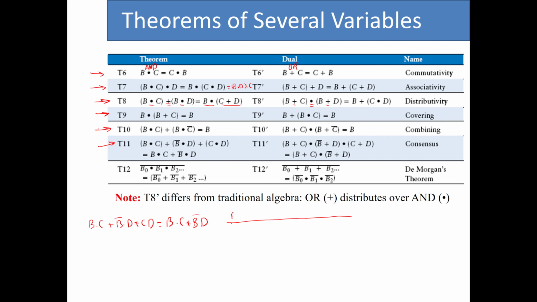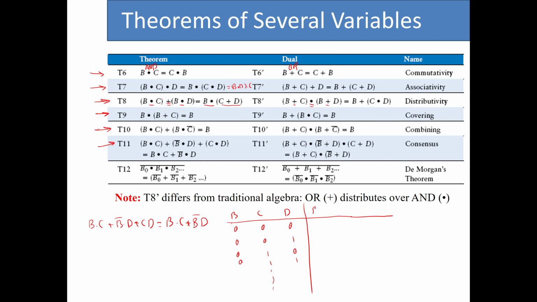We have B, C, D. Since we have three variables, they have 8 possible combinations. 0 0 0, 0 0 1, 0 1 0, 0 1 1, and then you continue this until you get to the last one, 1 1 1.